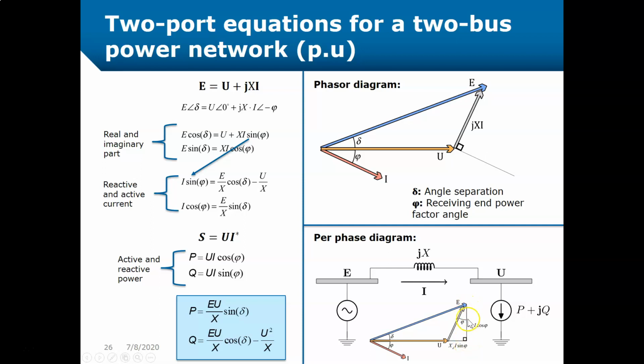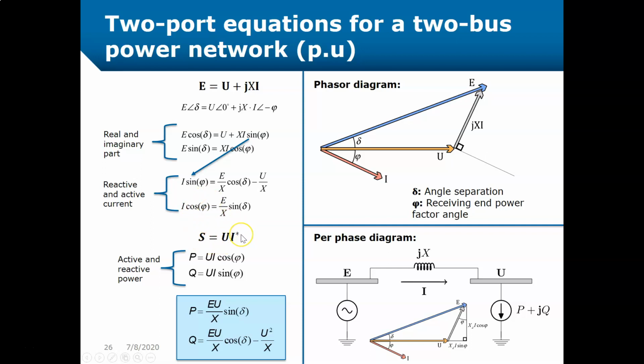The same for the imaginary part, which is XI cos phi. The d here is just related to the generator, where you can represent the X_d instead of the X. So we can then rearrange the equations and get that the current times sine phi is E divided by X times cosine delta minus U divided by X. And the same we can do for I cosine phi.